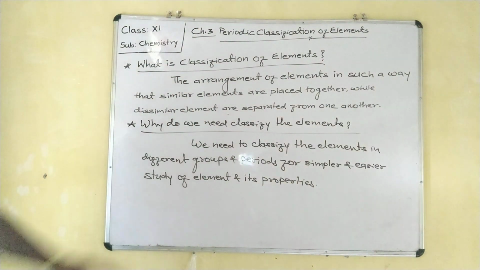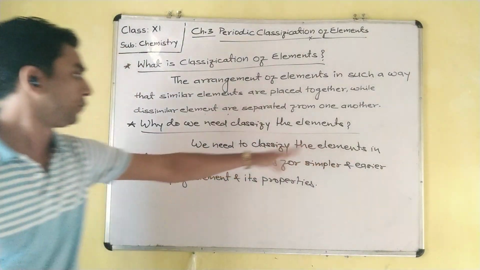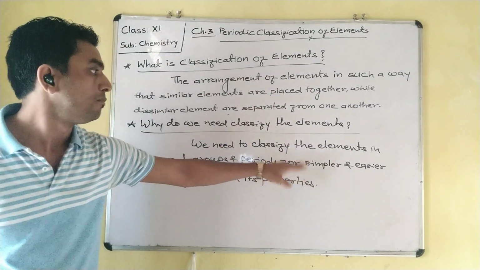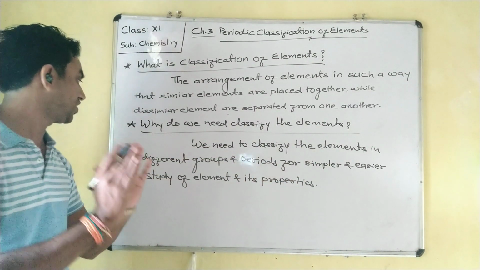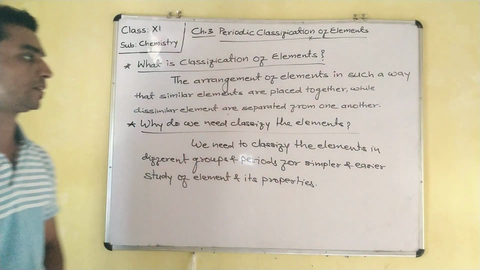So why do we need to classify the elements? We need to classify the elements in different groups and periods for simpler and easier study of the elements and their properties.